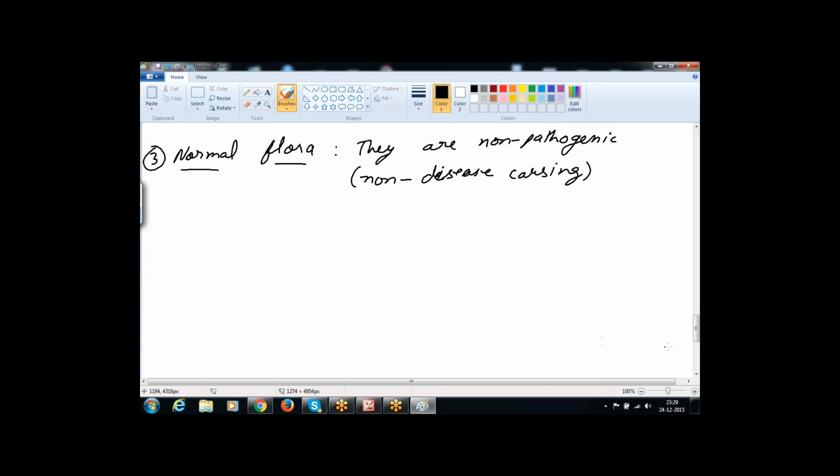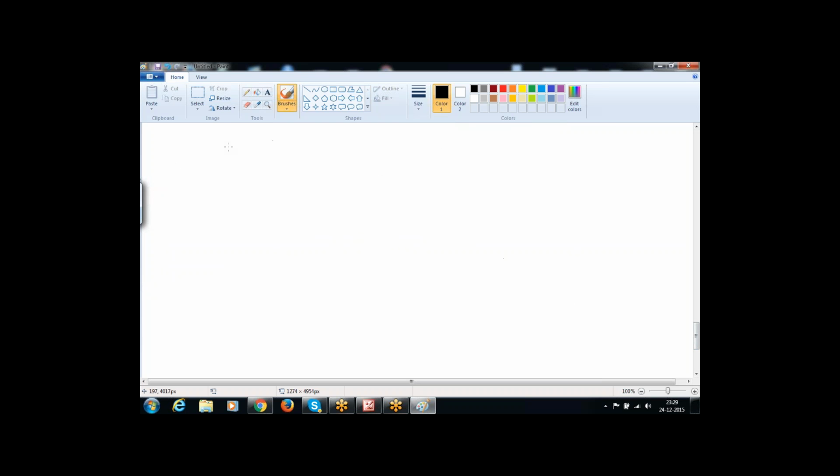Then we have to talk about normal flora in certain areas. Firstly, normal flora on skin. You have to memorize these names. We will go into details of each of these, but for now you just have to directly know certain names.